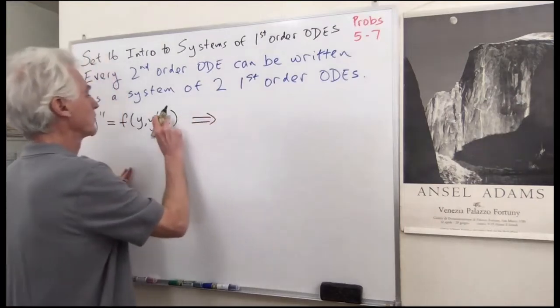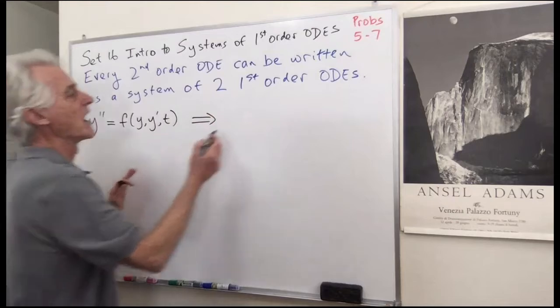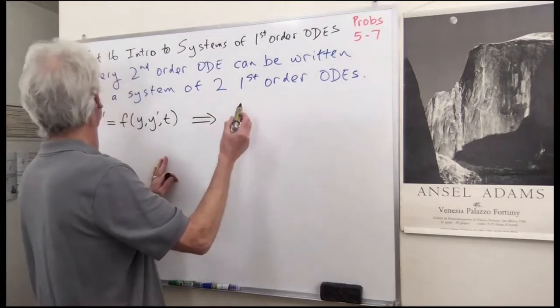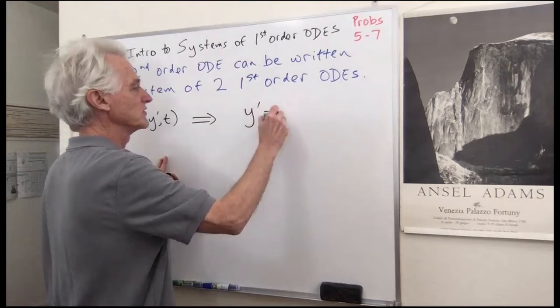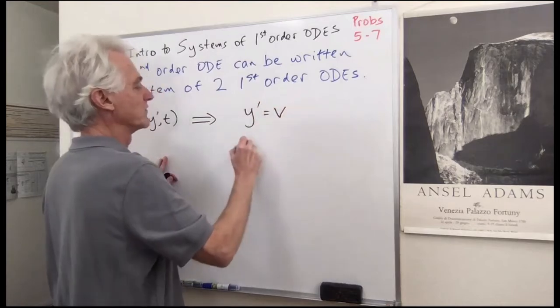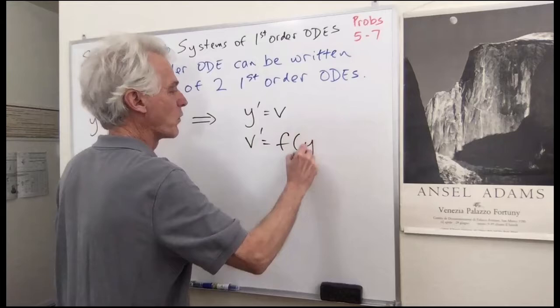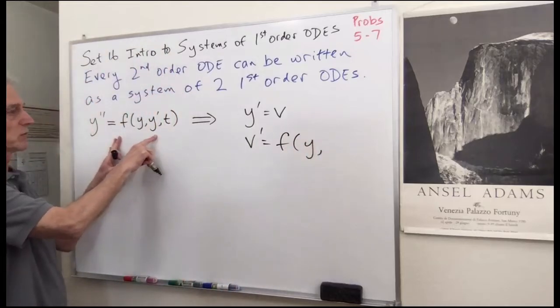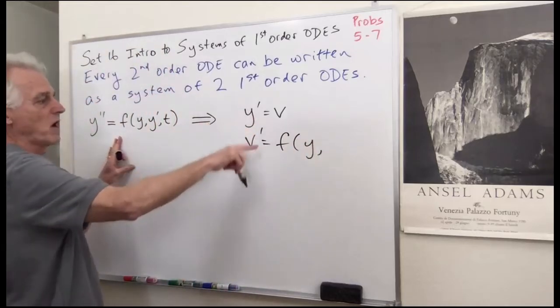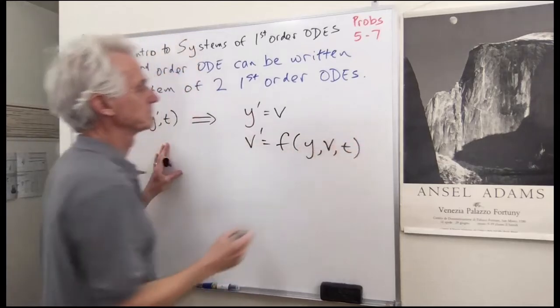Then I can write this as y prime equals v, and v prime is f of y, v, and t. I can't put y prime because the right-hand side can only depend on y and v and t, so that's a v, and this is a t.